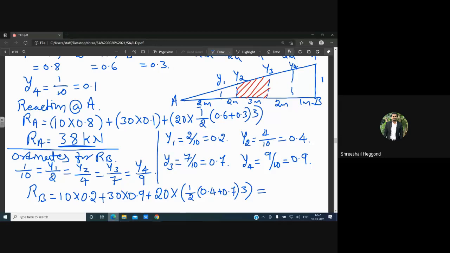Therefore, I can write the reaction at B point as 62 kilonewtons.